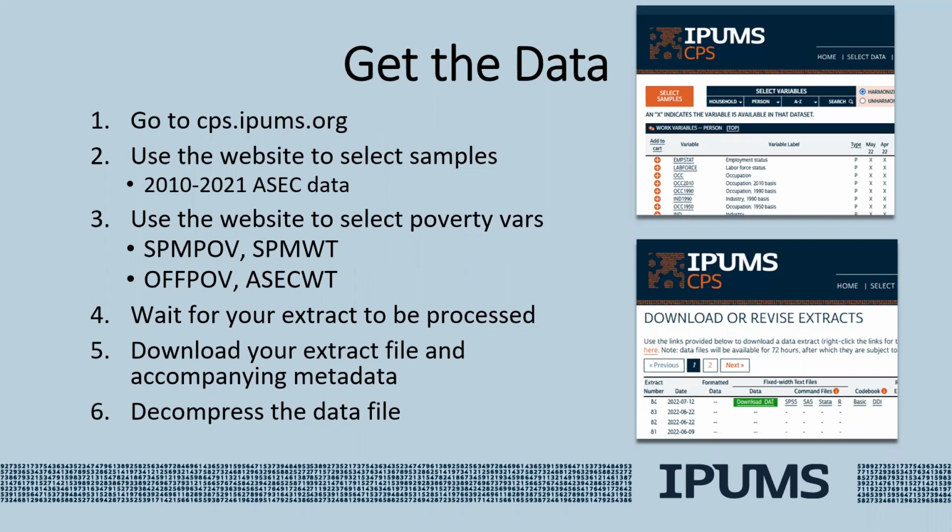So using the IPUMS API to retrieve your data can first help you streamline these tedious steps when you know exactly what it is you want. And two, can make it so that someone else can reproduce your results without needing to reproduce your pointing and clicking, which is great if you're trying to work with someone or submit a replication package to a journal. It just makes things a lot easier for those folks.